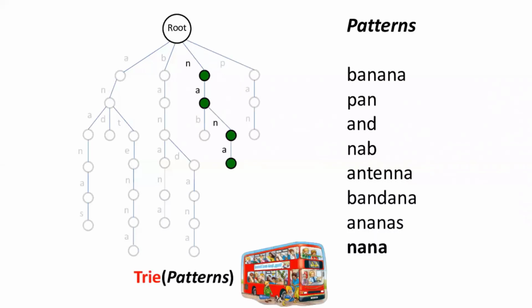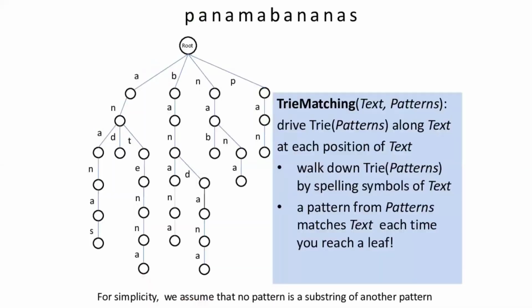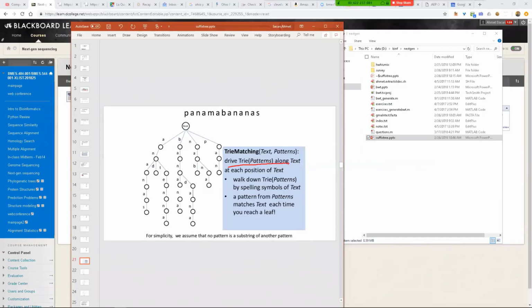So I have packed all the patterns into a bus, into the same data structure. We're going to call this a trie, or tree. As we drive this bus along the genome, we can simultaneously search all of the patterns. Here is the algorithm. We're going to drive this tree along the genome, and for each position, we're going to walk down by spelling the symbols of the genome.